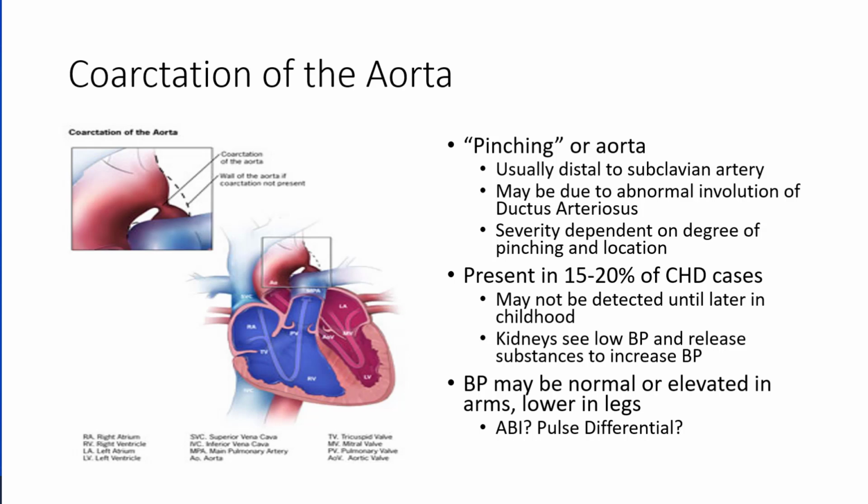Typically, you see a kid with unexplained hypertension or a pulse differential, so the pulse in the upper extremities may be a little higher than in the lower extremities, or side to side. We think the elevated blood pressure is maybe because of low perfusion to the kidneys, so these kids will have hypertension despite having no noticeable risk factors.